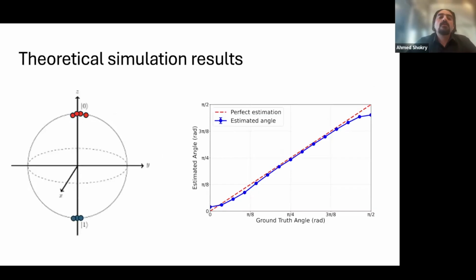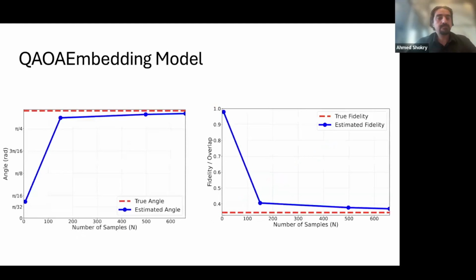We validate our protocol using theoretical simulation results. In this figure, we show that for different ground truth angles, our protocol can accurately estimate the angle between the two groups.